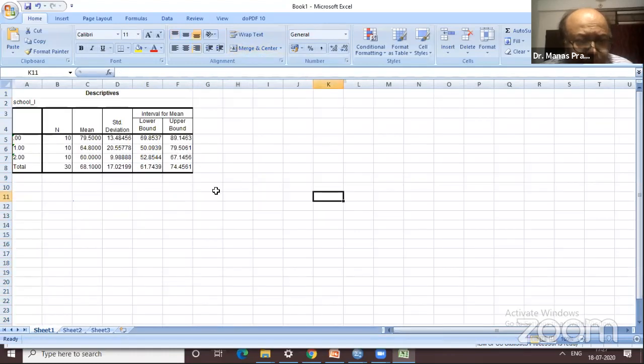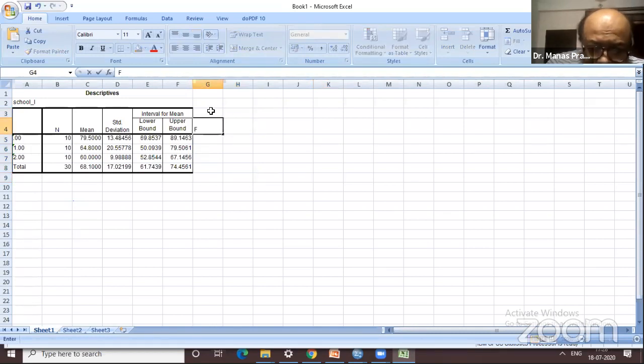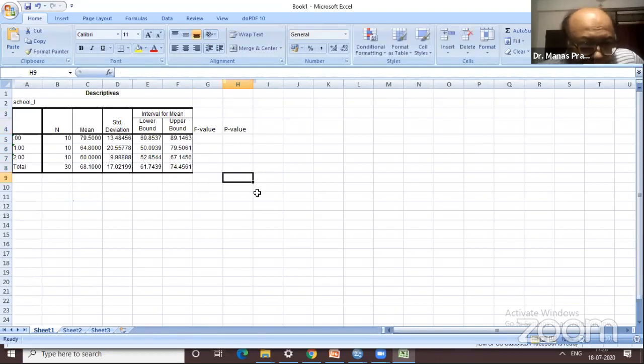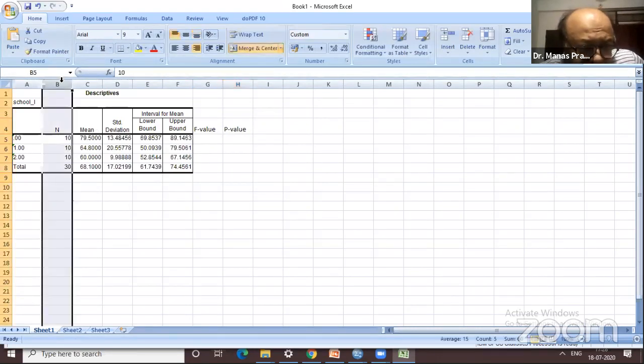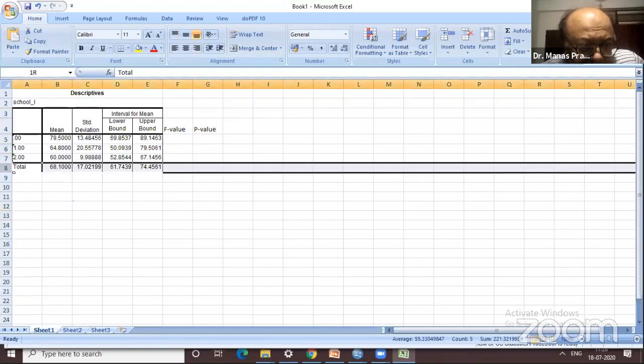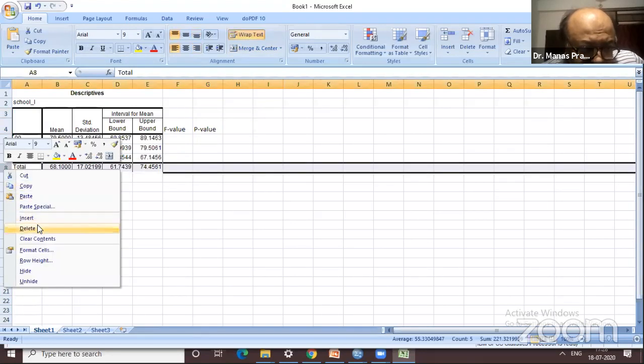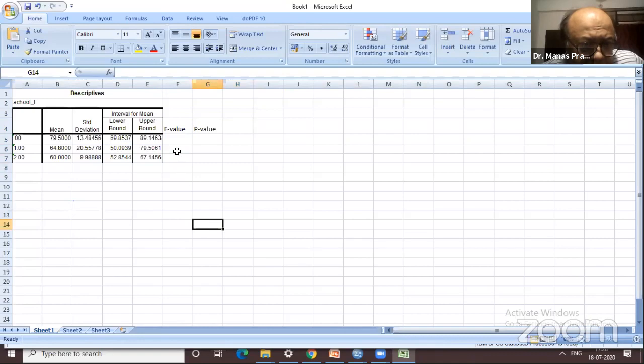Confidence interval will give a lot of information. It's a very important measure in statistics. So here we put the F value, F test, and P value. Now the number of observations is not required. So total is also not required. You can give it, no problem.